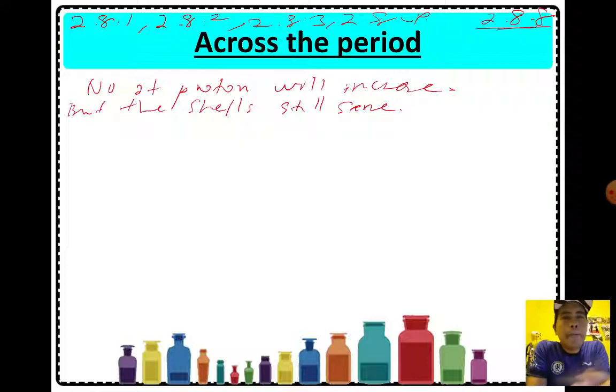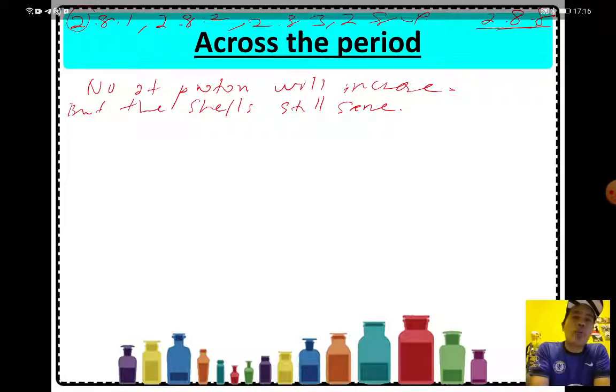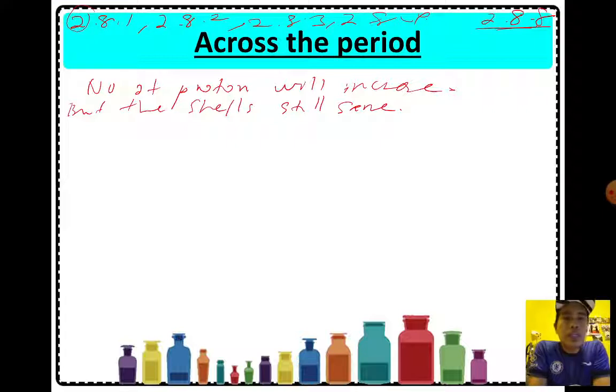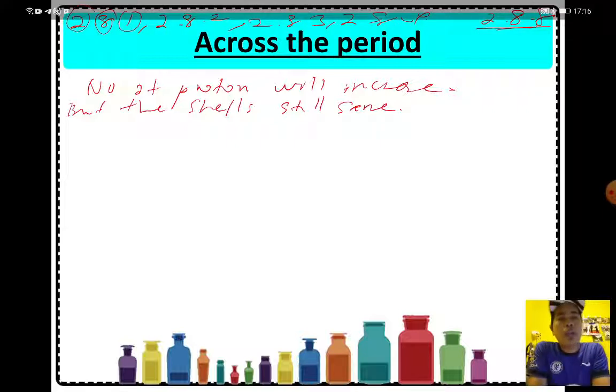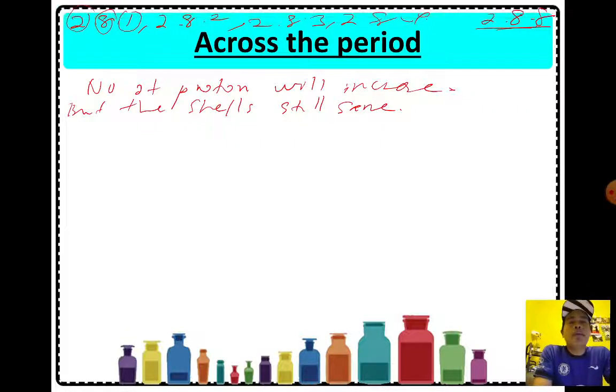So the period is 3 because the number of shells occupied with electron is 3 for all the elements in period 3. Okay, so di situ awak perlu tahu. Tapi nombor proton dia naik. Nombor proton dia ada 11, 12, 13 sampailah 18. Okay, so you have to know about this.